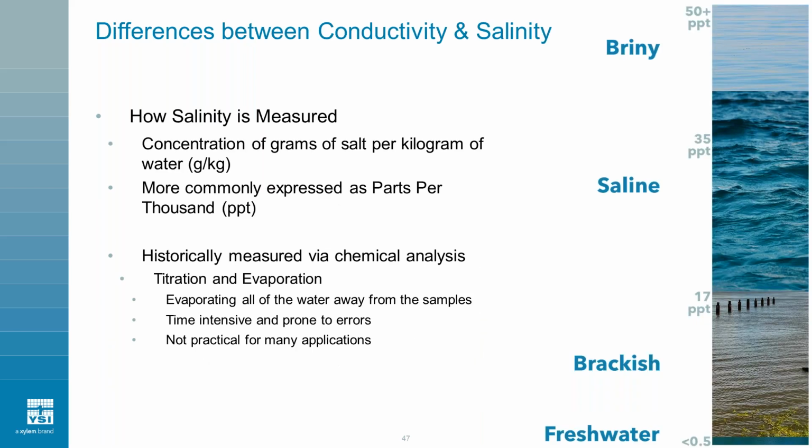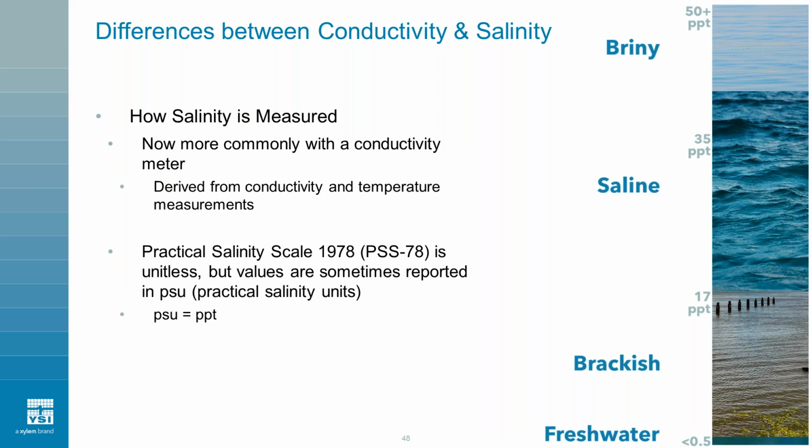Historically, and still currently by some users, salinity is reported in parts per thousand. This is because it was measured by chemical analysis through titration and evaporation. However, this has since become inefficient with the advances in electrical conductivity meters. Salinity as it relates to our instruments is a calculated parameter based on the conductivity and temperature readings.